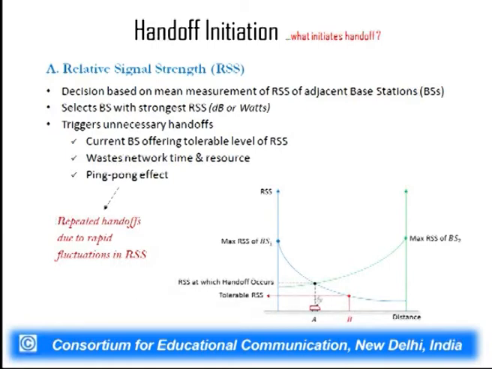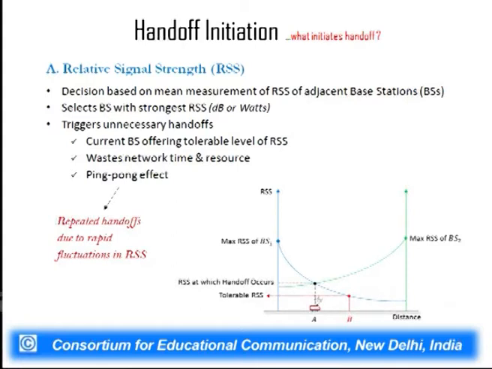The blue trend shows the diminishing level of relative strength as the distance increases, and similarly we have the decreasing trend of base station 2. Now there is a mobile device that supports multimedia capabilities.